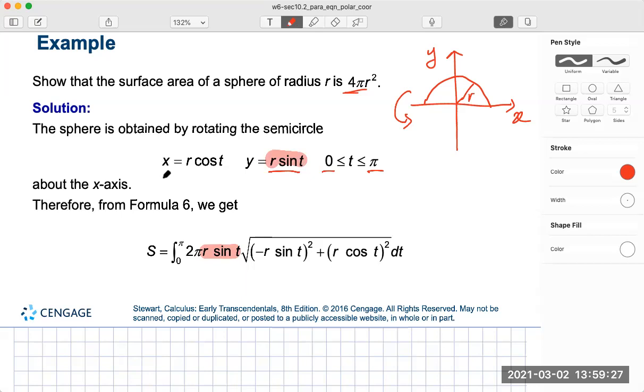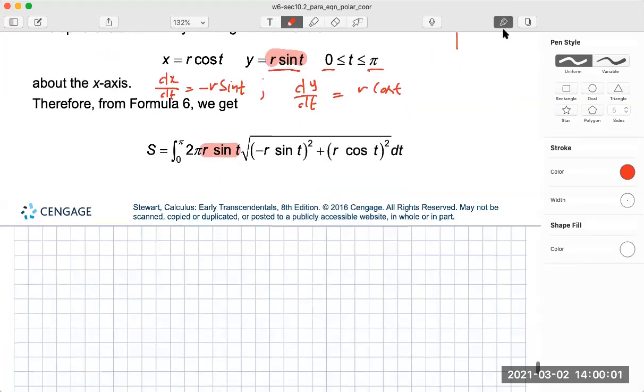What is dx over dt here? Very good. And what is dy over dt? Very good, r cosine t here. So we substitute it here, right? We have negative r sine t, and here plus r cosine t squared. Then let us compute it. Okay?